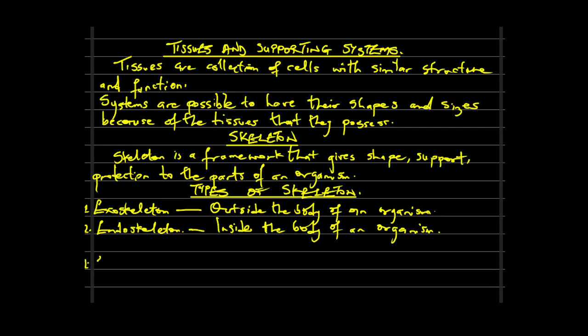Let's try to discuss extensively what the exoskeleton is. Like I just said, the exoskeleton is found outside the body of an organism, on the outer covering of the body, and it is made up of thick corticals in the arthropods.